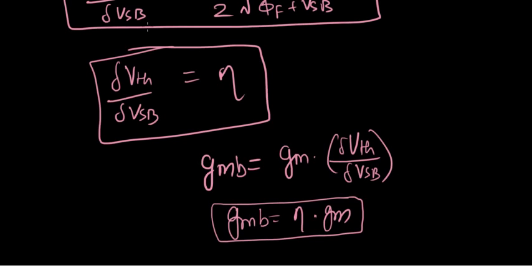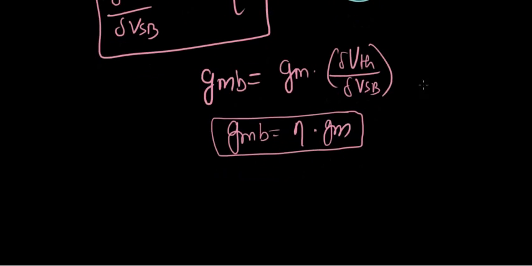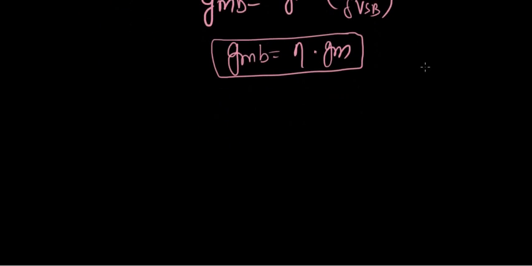Now, for this lecture, it's very important that we understand this part. Now that it's understood, let's apply that to the common drain amplifier case where we're deriving the gain. Let's draw that thing again.